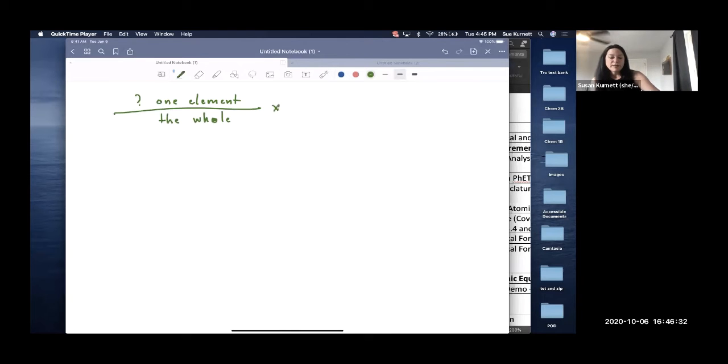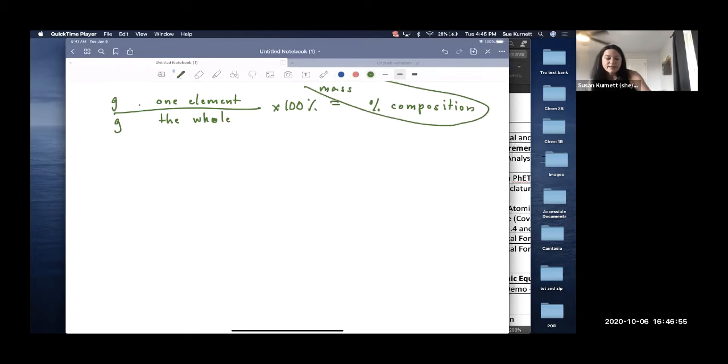And then if we multiply that ratio by 100%, we call it a percent. And it's the composition of the formula. And because we're going to be looking at grams of one element divided by grams of everything, we call it a mass percent. So the second thing we're going to do this week is come up with mass percents. And these are much more straightforward.